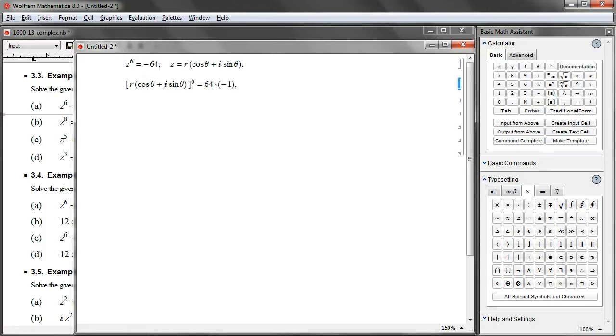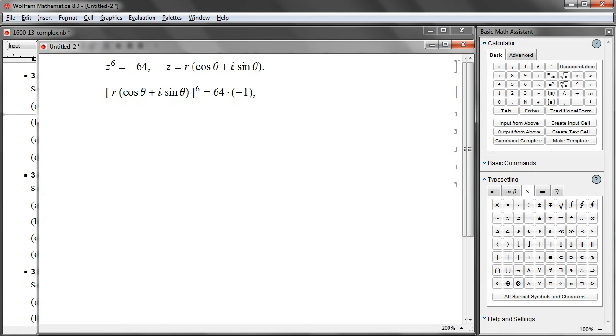Z to the 6th power is negative 64, so let's do it. Z to the 6th power is this one, because after all, z is r cosine of theta plus i sine of theta. We designed it that way so that we have the polar form.